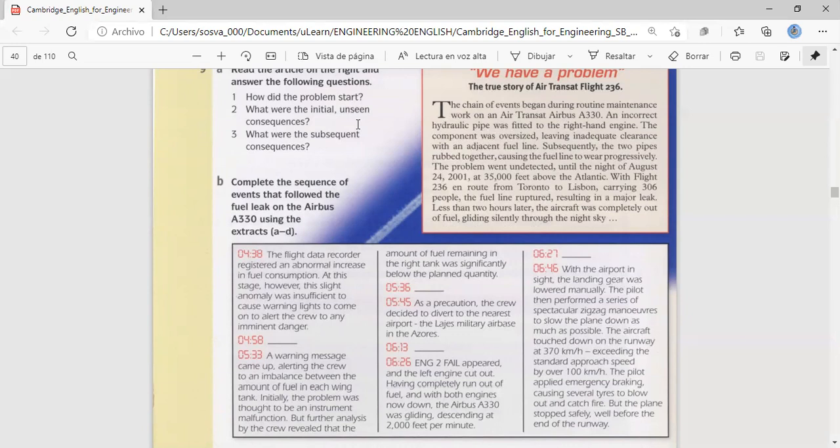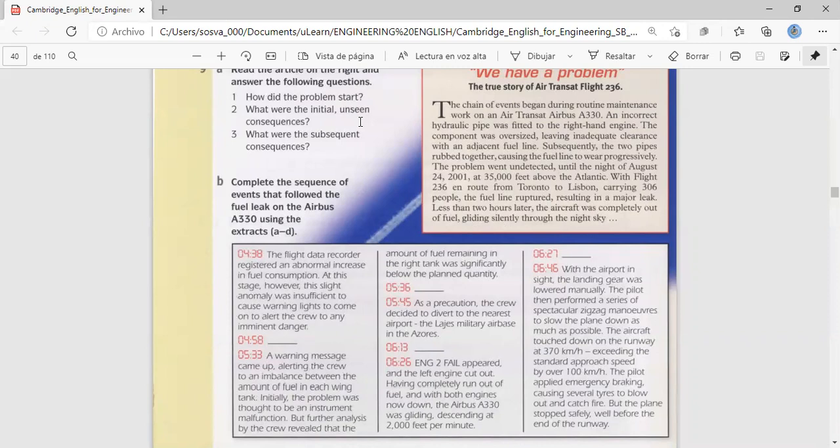Well, it has a rubber between the pipe and the fuel line. That was the initial consequence.